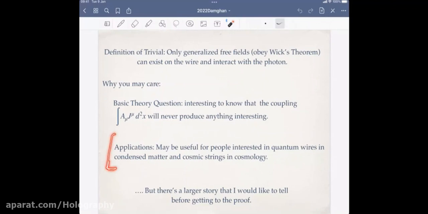Now, I think there are also some applications, and I'm a little bit embarrassed to say I still haven't really done my homework here and read deeply into this literature, but I think it's pretty clear that for people in the condensed matter community who are interested in quantum wires, so those are reduced dimensional systems where the degrees of freedom on this wire really feel that it's a one-dimensional system, the result here should have some implications for those kinds of systems, especially when you have, I don't know, nodal metals where the electrons cross the Fermi surface.